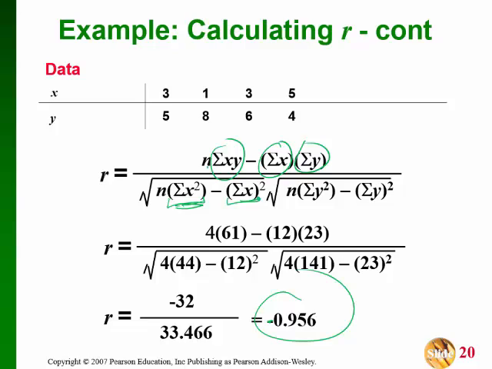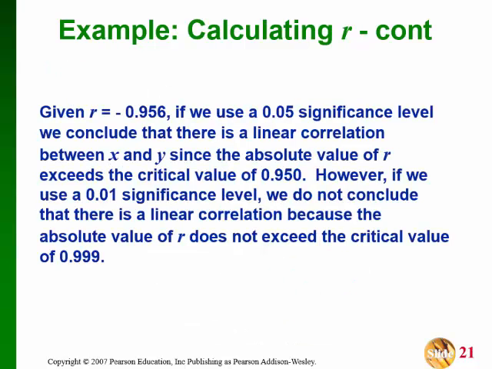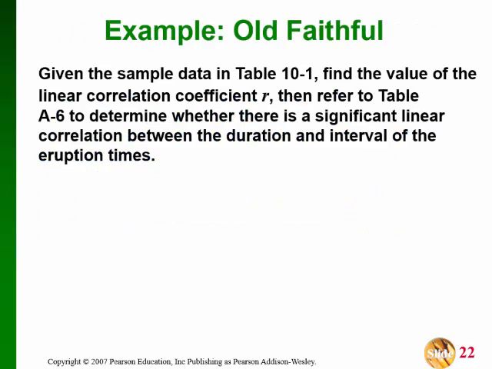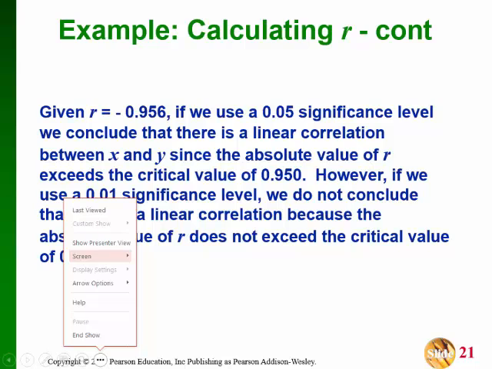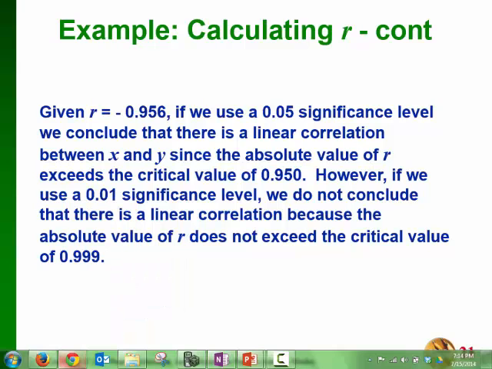Now, based on this number, we would want to compare it with a value. This is where I would take the table out, which I should have had earlier, and I didn't prepare it.